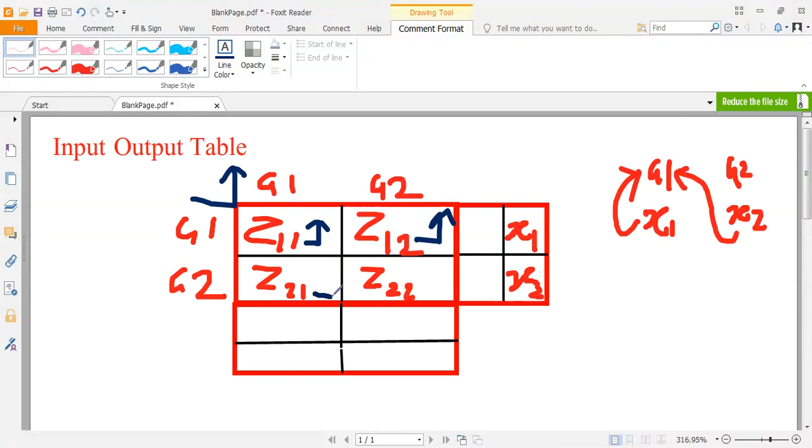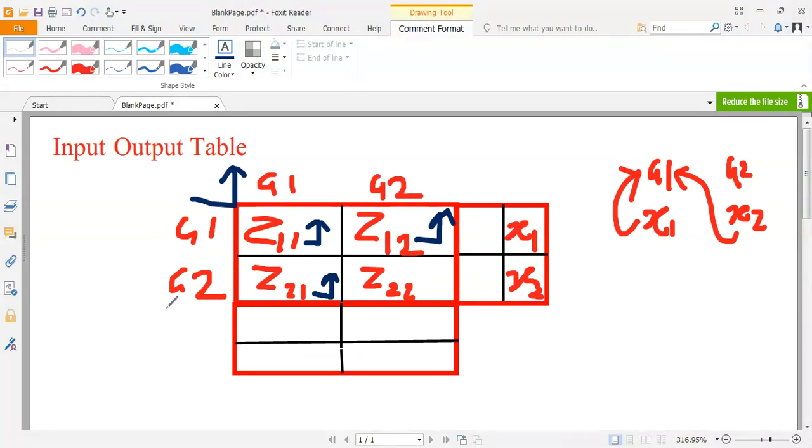So what is this again? This is the amount of output by G2, by sector 2, that goes into the production of G1. If G1 is the agricultural sector and G2 is the industrial sector, and I was talking about the industrial and agricultural connection, then G1 would be the amount of rice or food grains that the agricultural sector consumes in itself to feed and sustain itself.